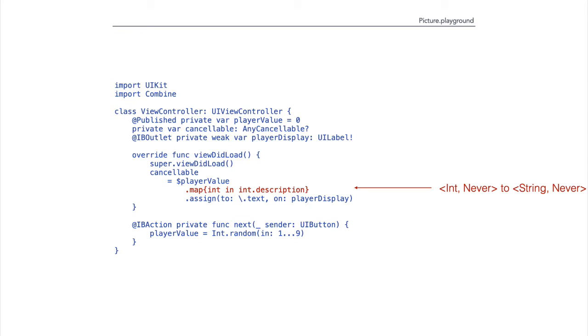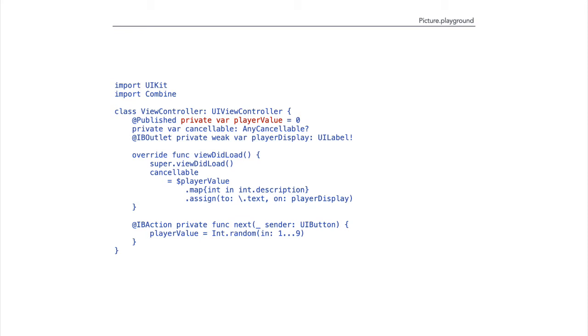So there's my chain from publisher to subscriber wrapped up in a subscription. So now let's see what happens when the user taps the button. The next method fires. The player value is changed to some random int between 1 and 9, and so that's the update to player value.